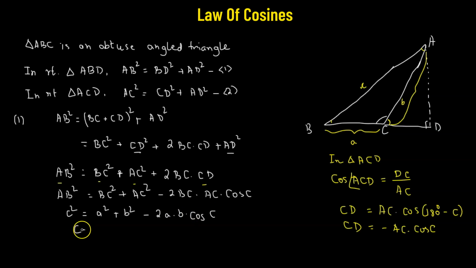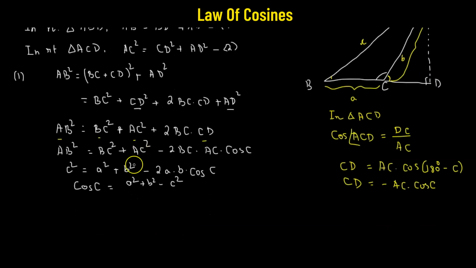So if we write in terms of cosine of C, we're going to get A squared plus B squared minus C squared divided by 2AB. So we have obtained the same result as we did for the earlier case for the acute angle triangle. So that means the law of cosines also holds for the obtuse angle triangle. Similarly, we can also define cosine of A using the same technique.